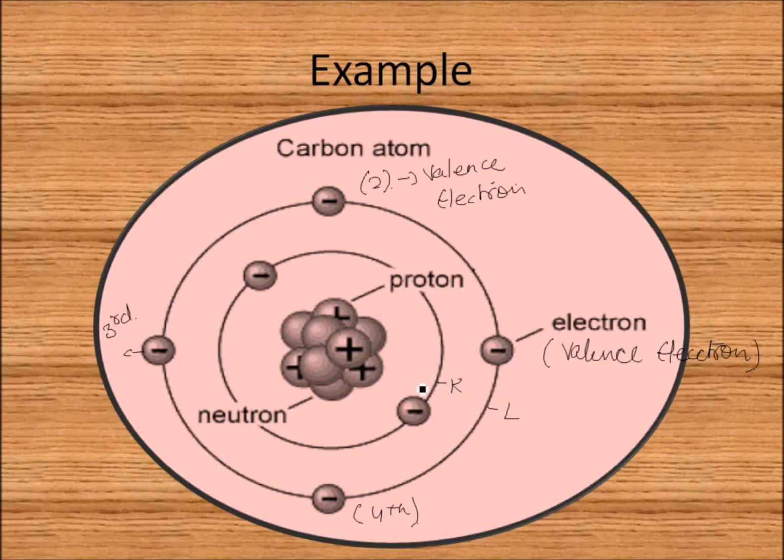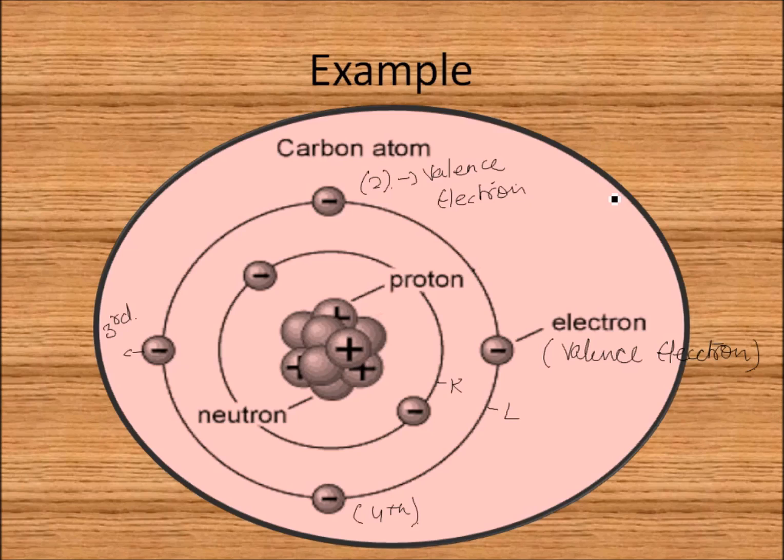So the number of valence electrons is supposed to be 4, as the atomic number of carbon is 6, which means that one carbon atom has 6 electrons. So the electronic configuration of the carbon atom will be 2, 4. The L shell is the outermost shell or the valence shell.